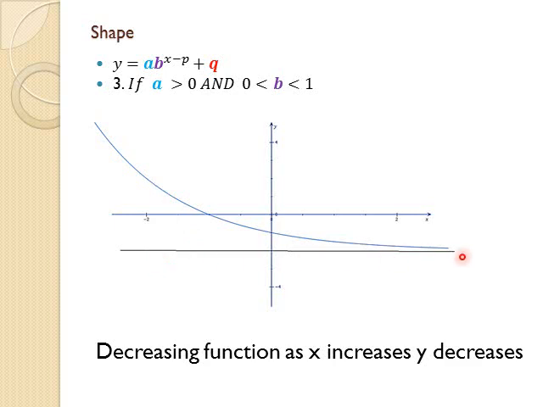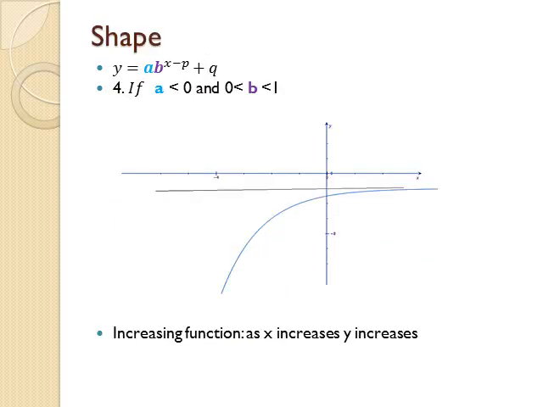Again, you see this line here, y equal to the q value. That is my asymptote. You should know that from grade 11. And here, this is also called a decreasing function. See, again, as I increase the x, the y is decreasing, right? So therefore, decreasing function. As x increases, y decreases.